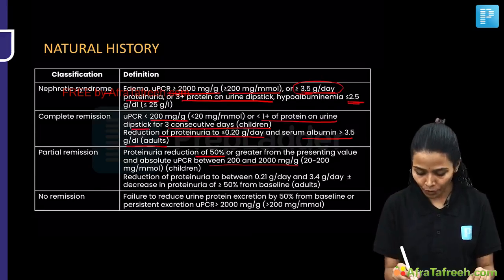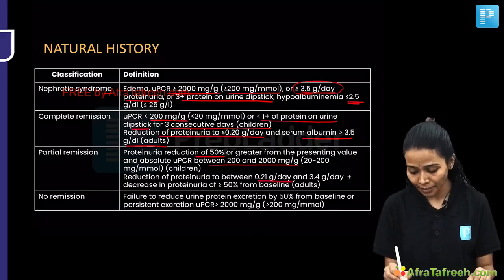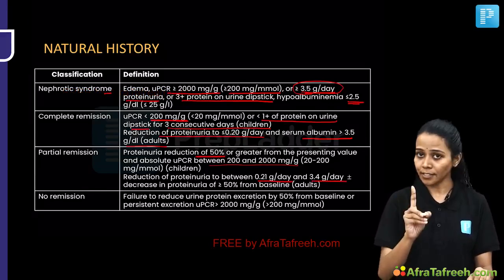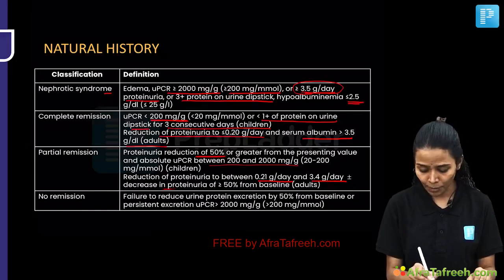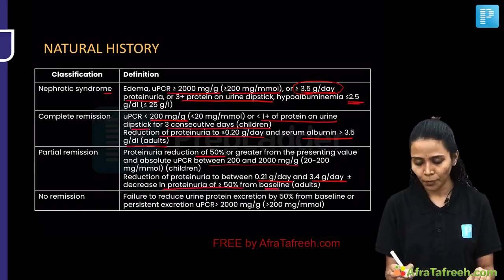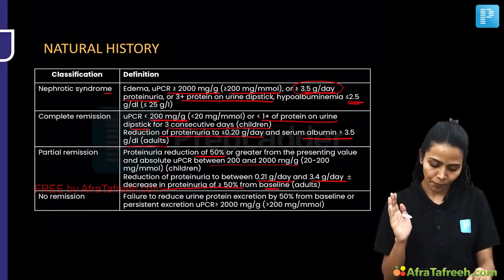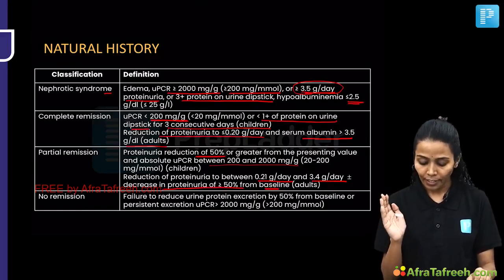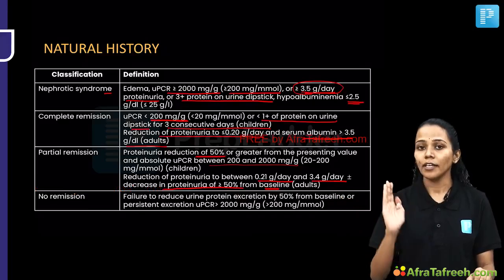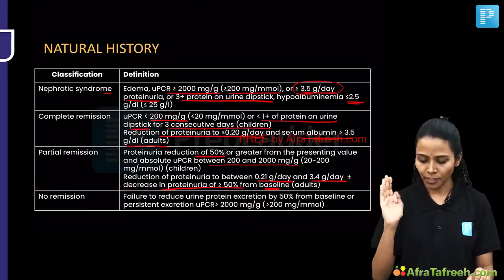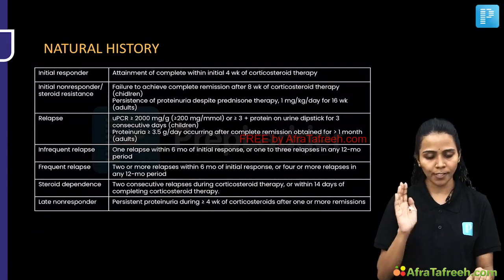In adults, proteinuria between 200 milligram and 3.5 gram is considered as partial remission, or decrease in proteinuria which is more than 50% from the baseline. Okay. No remission is when there is no reduction in proteinuria, it's more than 2000, or the proteinuria remains more than 50% above the baseline. So all this is the thing.